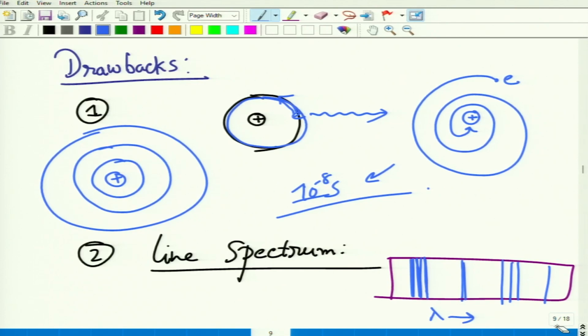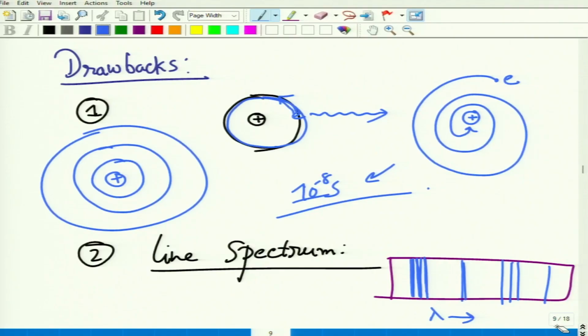The intensity may be different, but only specific lambda is chosen in the atomic spectra. For specific lambda there is a line, and for other lambdas it is dark, there is no line. So the line spectra structure is not consistent with the Rutherford atomic model.